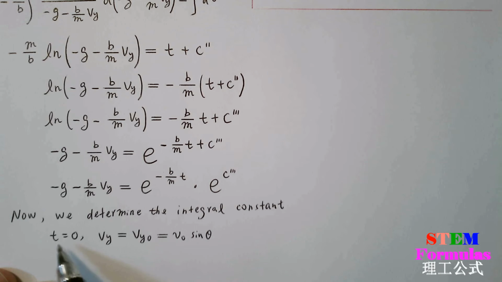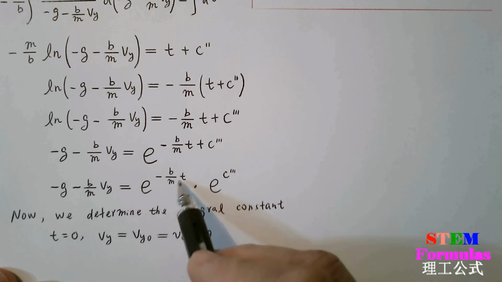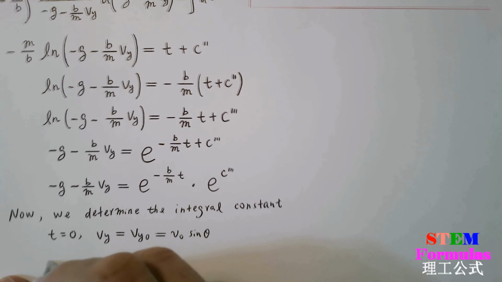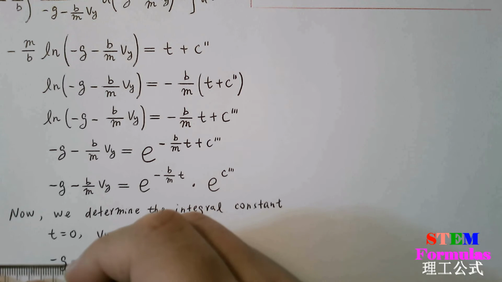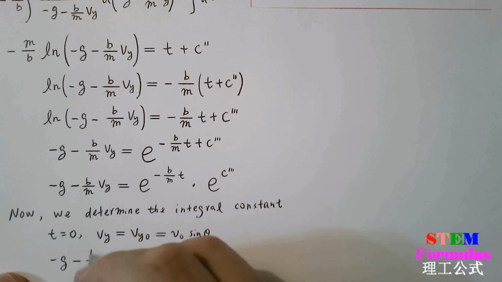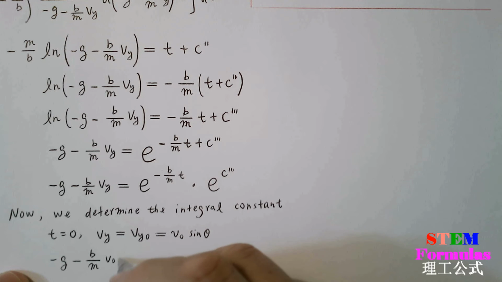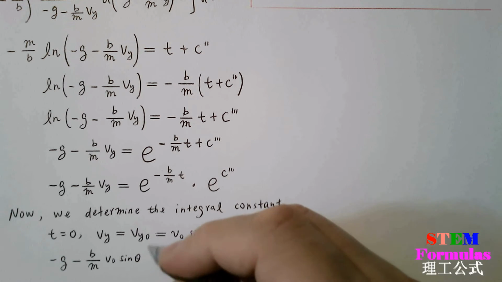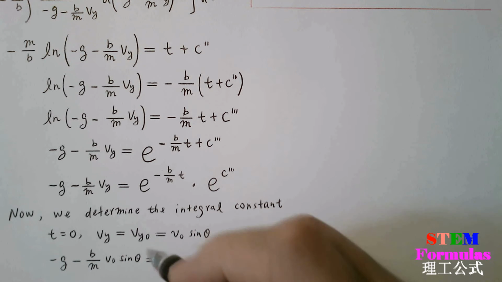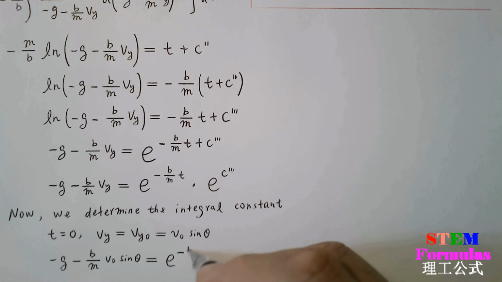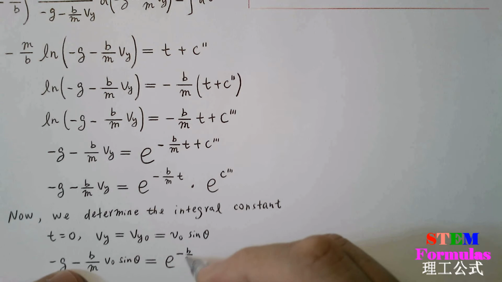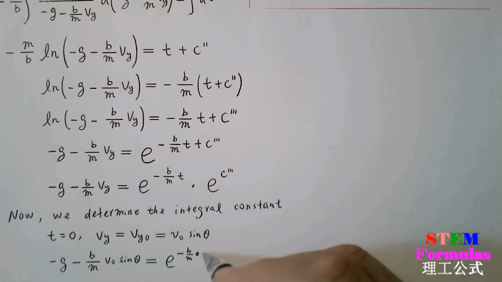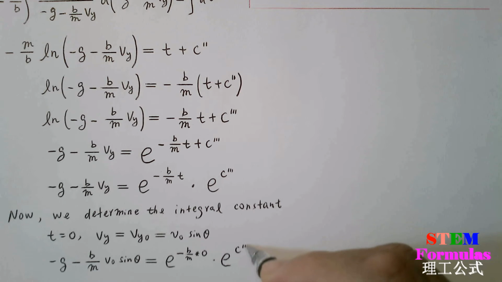So therefore, we plug in t equals 0 and vy equals v0 sine theta, and we have minus g minus b divided by m v0 sine theta equal e to the power minus b divided by m times t, where I set t to 0, times e to the power c triple prime.